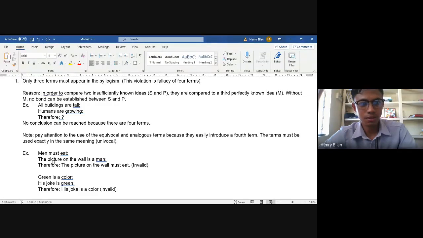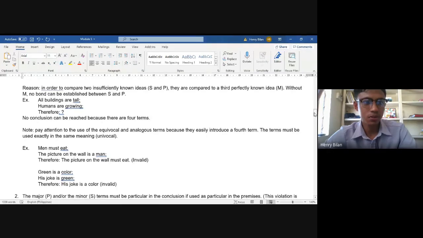It is a thing. Hindi naman kumakain yan. So, because they are different, they are analogous. Parehong tao pero magkaibang sitwasyon. Magkaiba sila. So if we're going to count the terms here, there are actually 4 terms. Hence, this is a violation of this rule.